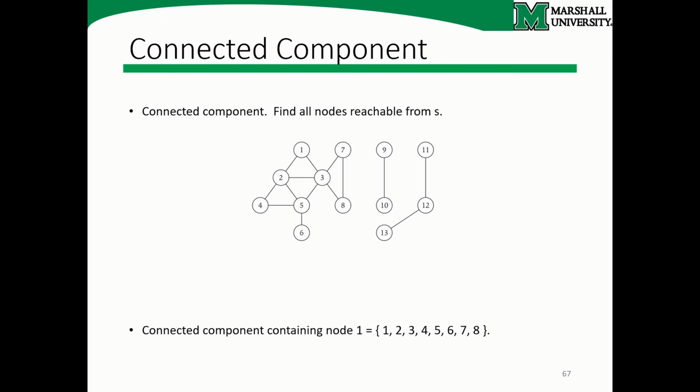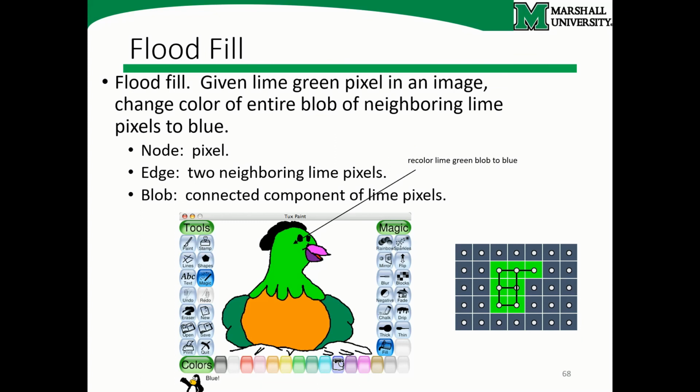The connected component containing the node 1 is 1, 2, 3, 4, 5, 6 and 7. The connected component containing the node 10 is 9, 10.